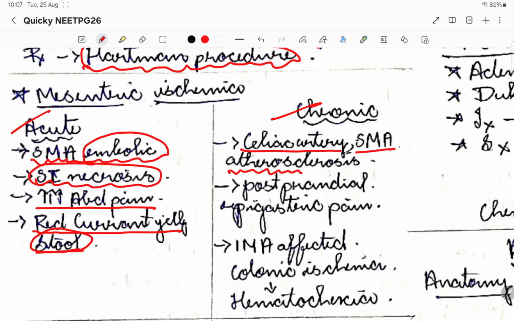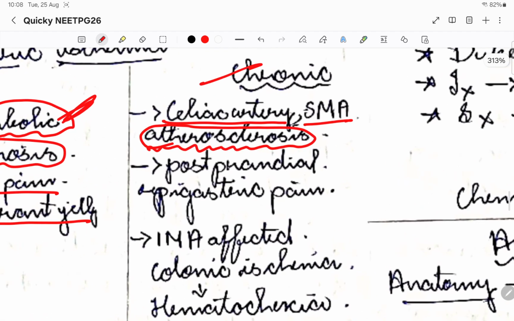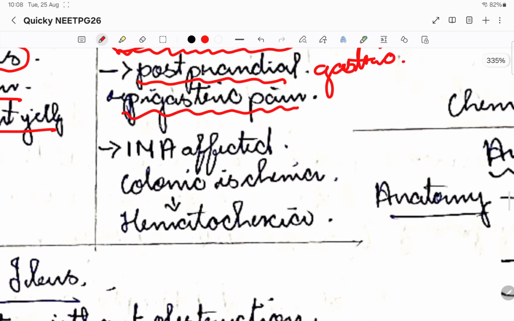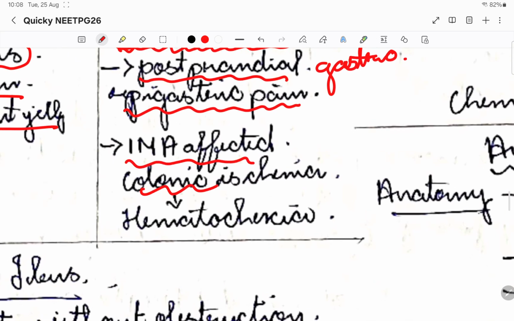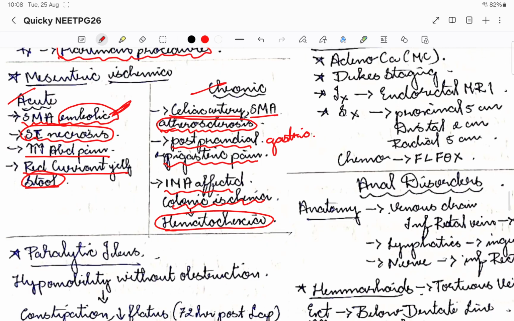Here there is atherosclerosis, okay, long term atherosclerosis was there, whereas in acute it was emboli, okay, a sudden block. So the symptom will be postprandial epigastric pain, just like gastric ulcer, okay. We think that it is a gastric ulcer, okay, but it is the chronic ischemia that is happening, okay. So IMA is affected in colonic ischemia, where hematochezia, that is the red blood stool, can be seen, okay. So this is the difference between the two mesenteric ischemias.